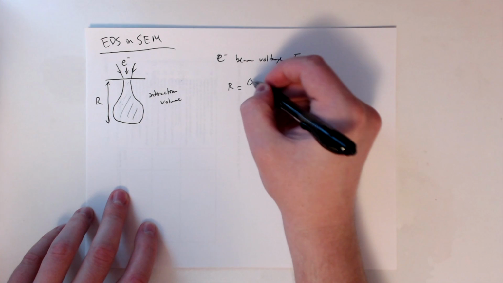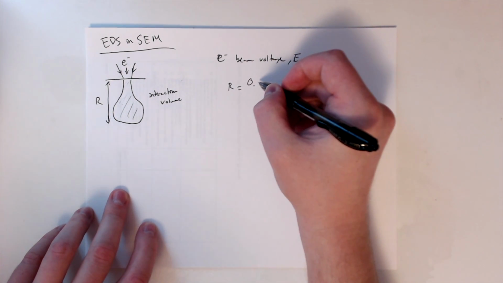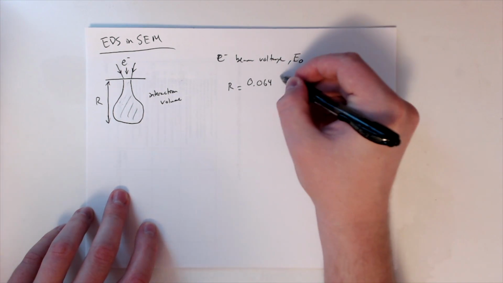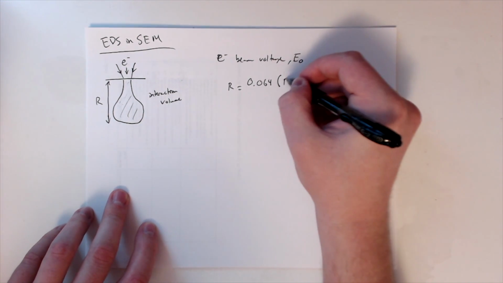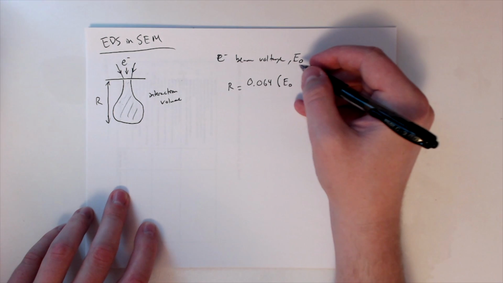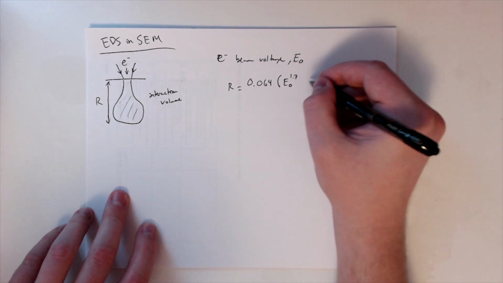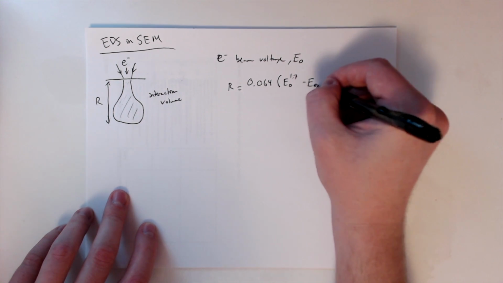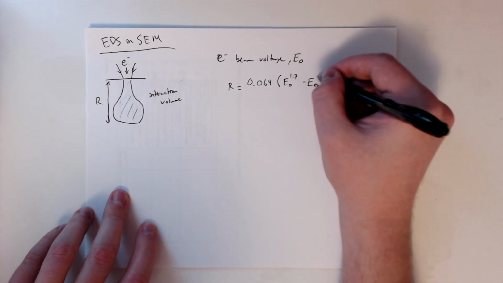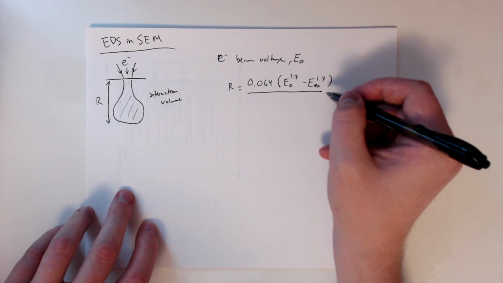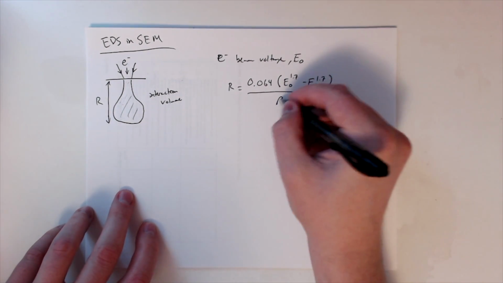Essentially we can relate R as 0.064 times the quantity E naught to the 1.7 power minus EX to the 1.7, all over the density term.